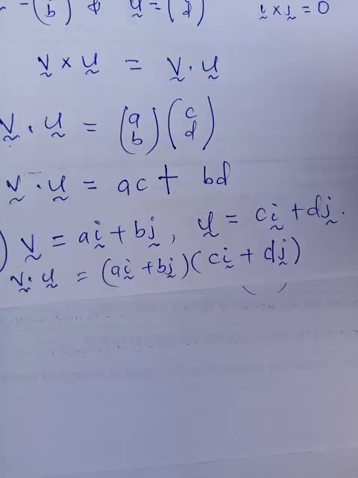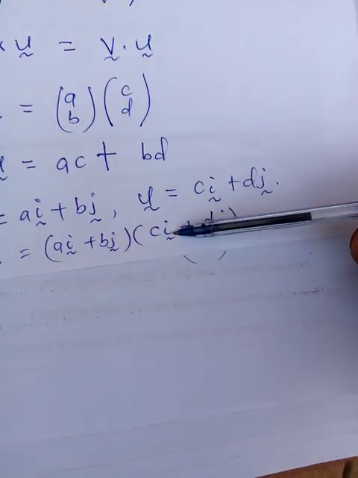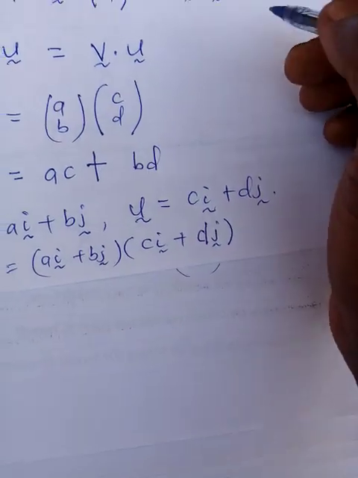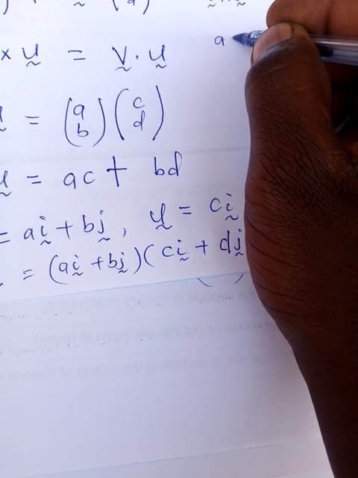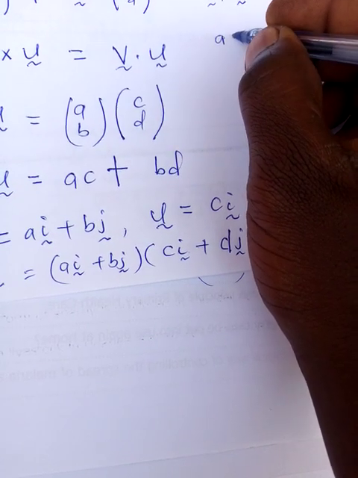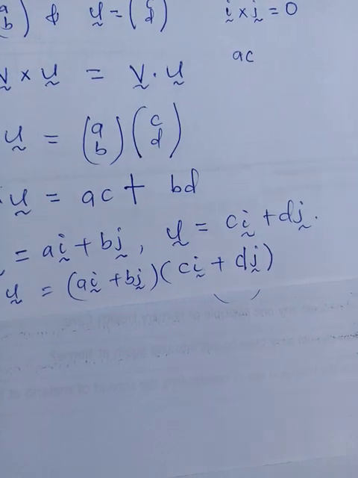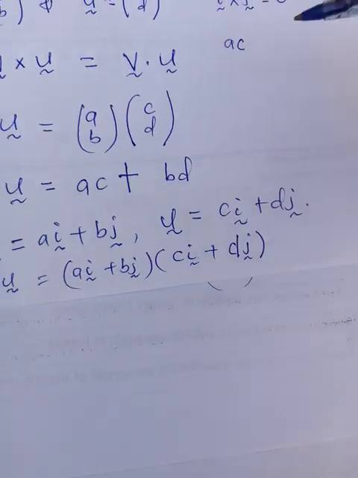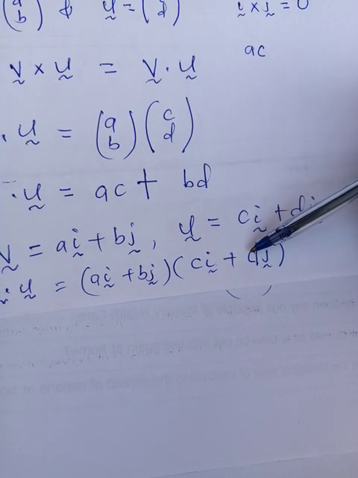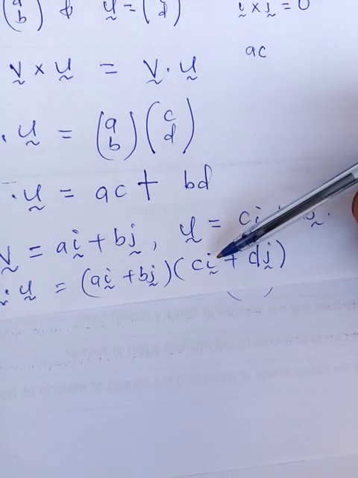That's why this one is going to multiply with this, and you'll get ac, and that I squared is 1. Then this one multiplied with this, you get 0. This one multiplied with this, you get 0.